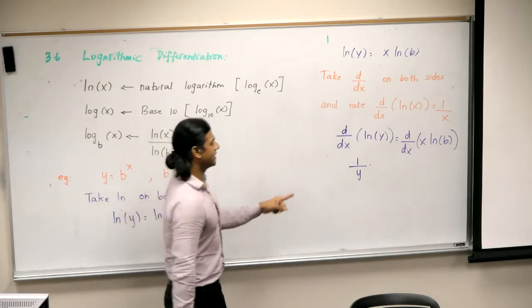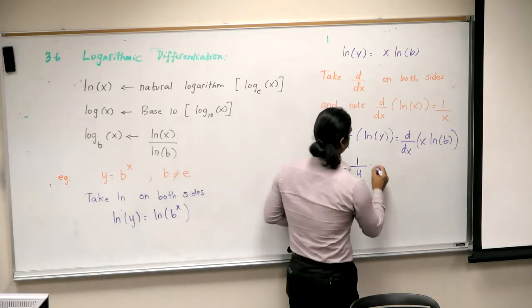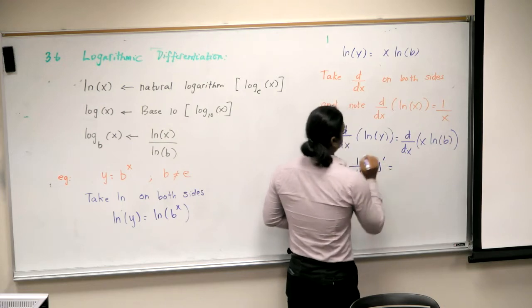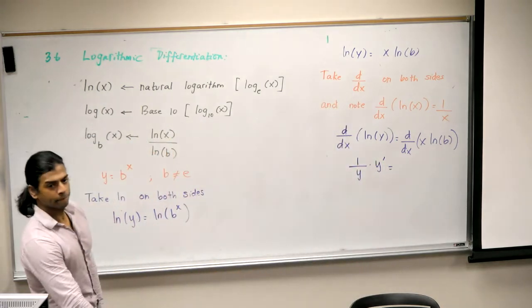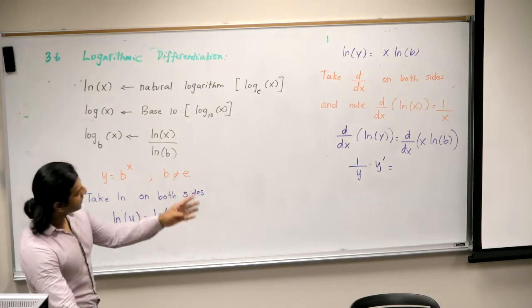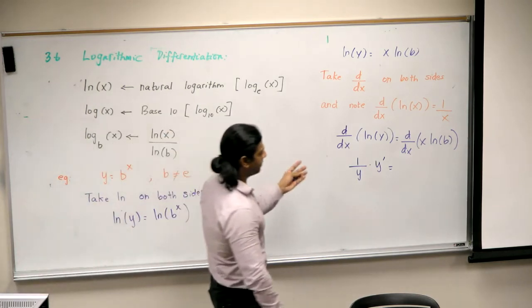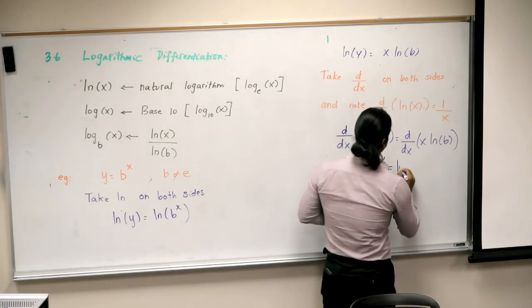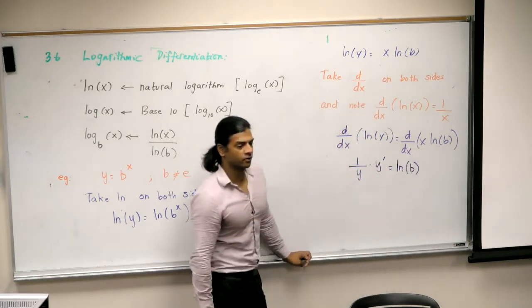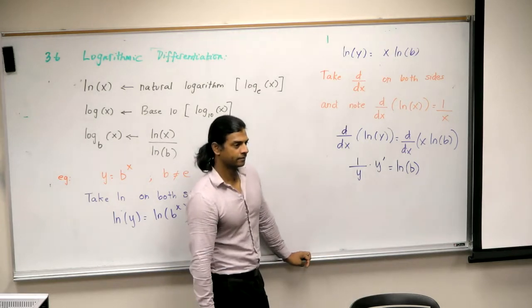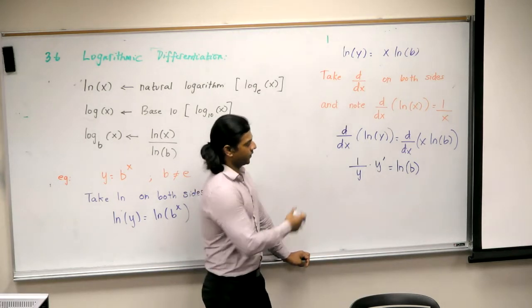But then I realize that y is a function of x, so I multiply by y prime. On the right hand side, ln of b is a constant. What is the derivative of x with respect to x? 1. So that's it.